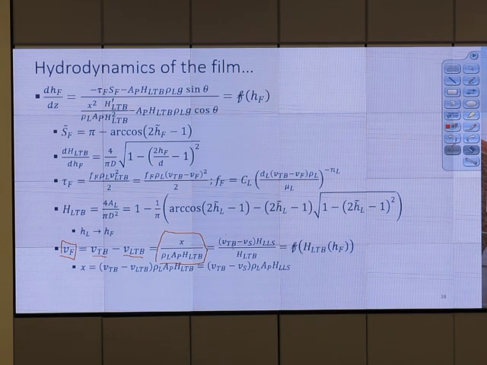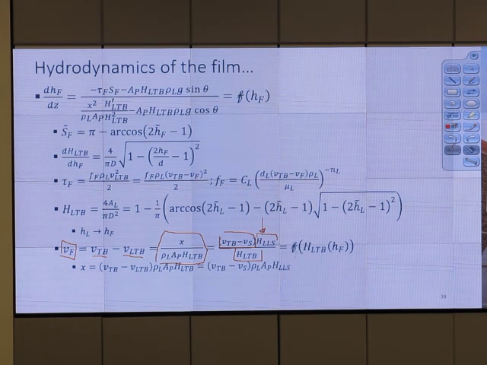And X is VTB minus VS and something cancel. So we have that multiplied by HLLS divided by HLTB. HLLS is 0.6, but that comes from closure relationship. HLLS is hold up inside the liquid slug.